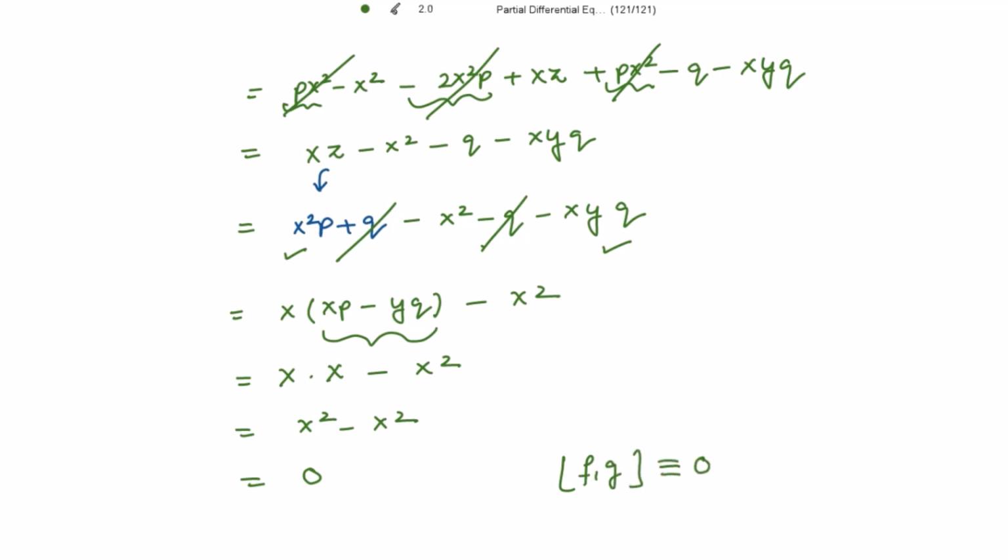That means the equations are compatible. So hence the given equations are compatible. Now we need to find the solution, and also check the Jacobian of fg with respect to pq. The partial derivative of fg with respect to pq should be equal to what?